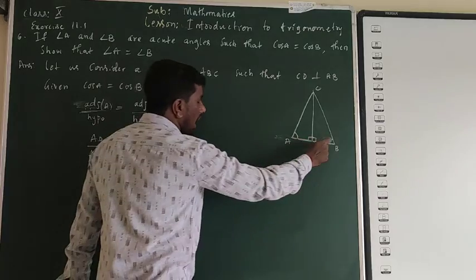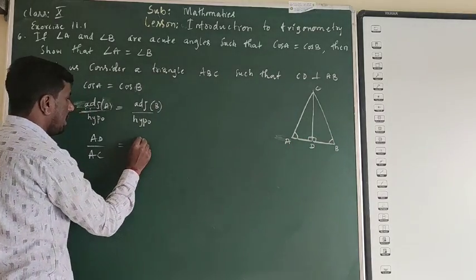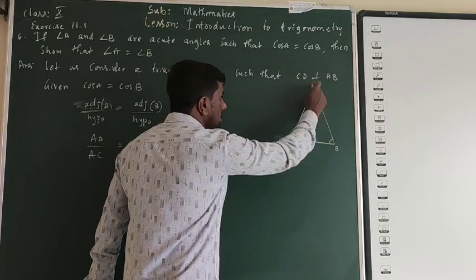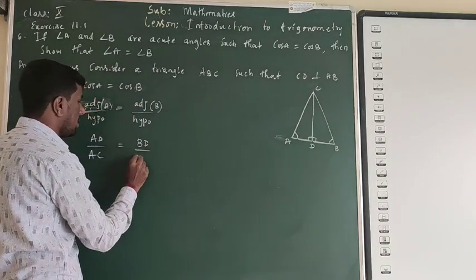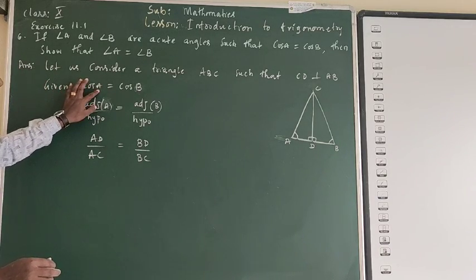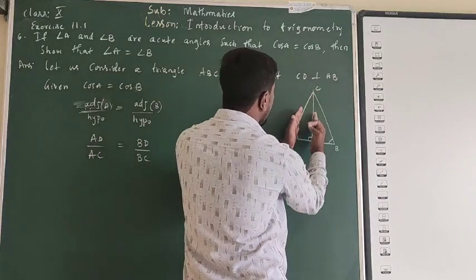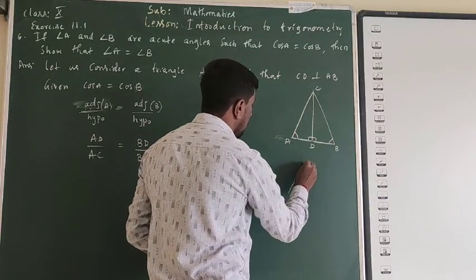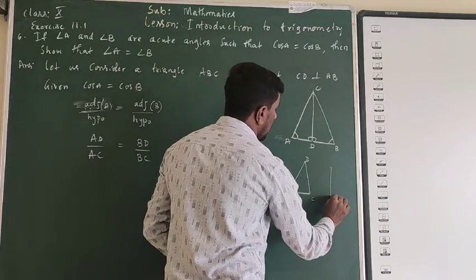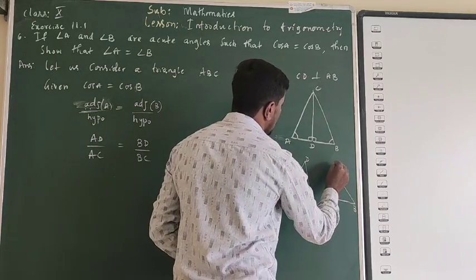Cos B, then considering angle B, BD is the adjacent. Hypotenuse for this triangle BCD is BC. Clear? Understood this? Cos A with respect to angle A, adjacent over hypotenuse. We should take only this triangle, ACD. I'll write it separately. ACD. Then BDC.